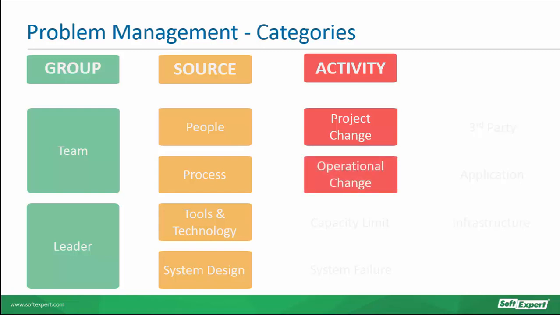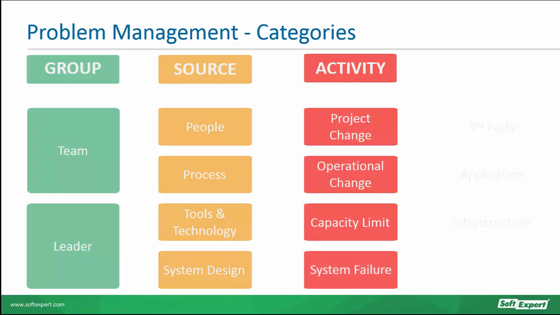Operational changes, okay, were there changes driven by life cycle, maintenance, operational or optimization activities? Capacity limit, systems operating correctly but exceeding the available capacity. Were there system failures? Did the system cease working?